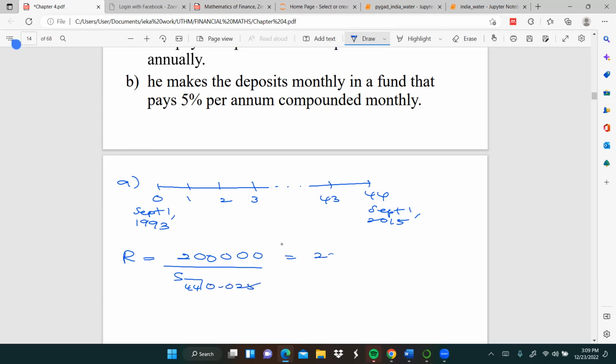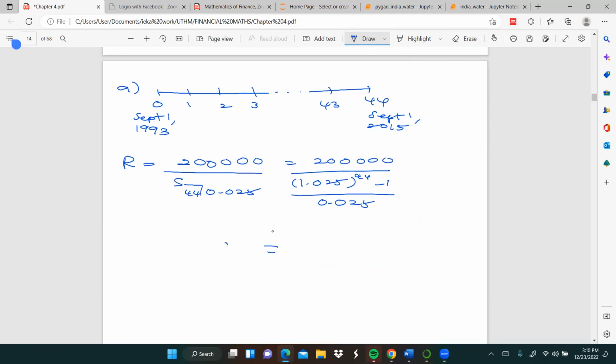So we have 1.025 to the power of 44 minus 1 over 0.025. So we have our deposit, R, is equal to 2546.07.